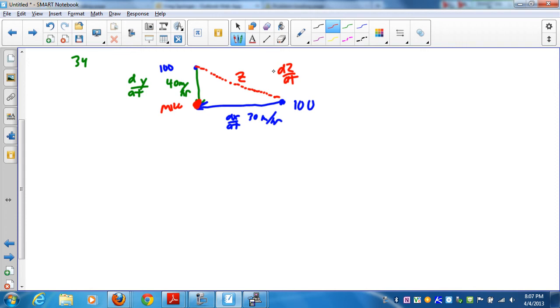Well, after 90 minutes, what's the distance? What's the x distance? So after 90 minutes, it's traveled an hour and a half. So this thing has gone, what, 60 miles? And the blue car here is going, what, 45 miles.